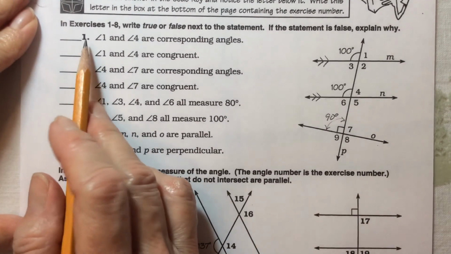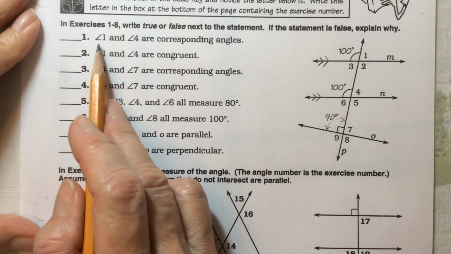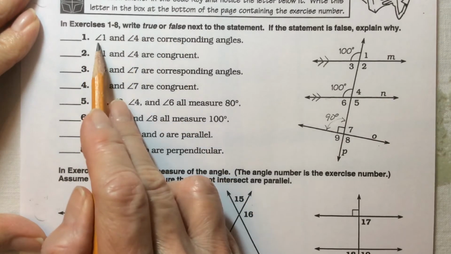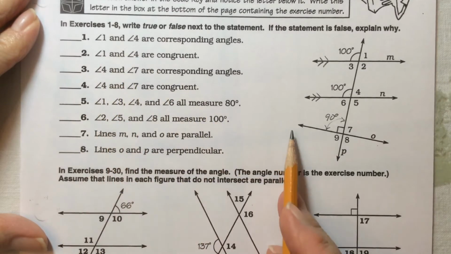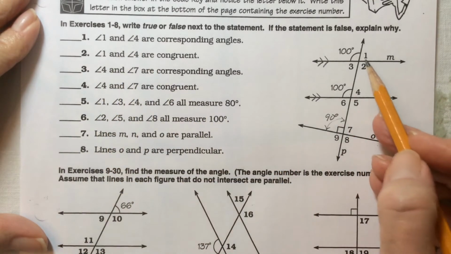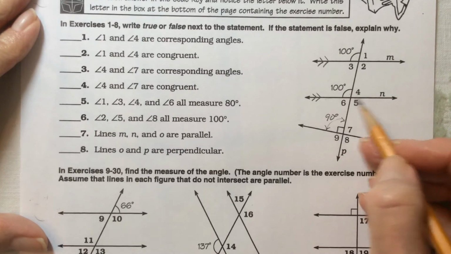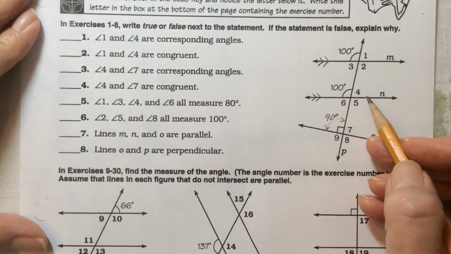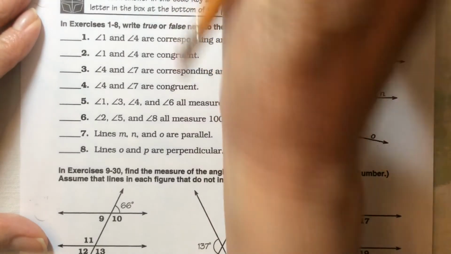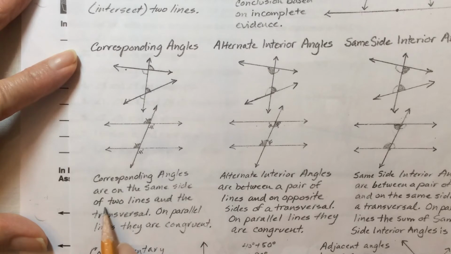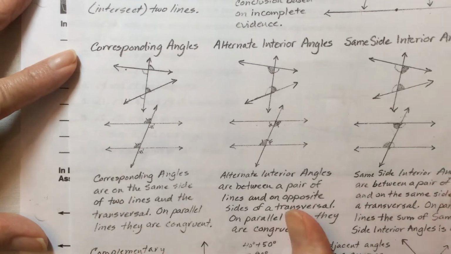So the first statement, which will be either true or false, is angle 1 and angle 4 are corresponding angles. So angle 1 is here and angle 4 is here. Corresponding angles, according to this definition, are on the same side of two lines and on the same side as the transversal.